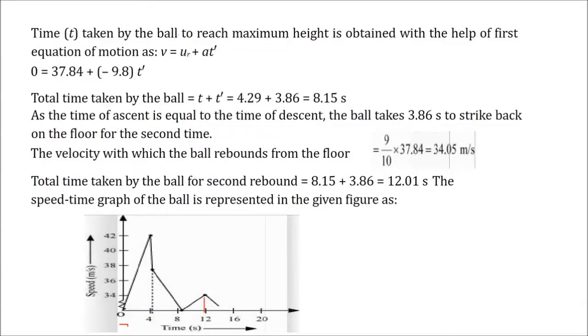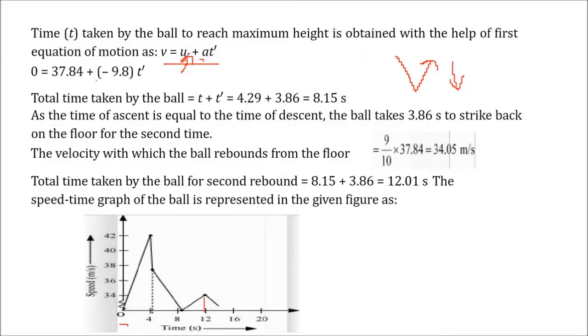Now the time taken by the ball to reach maximum height is obtained by the equation v equal to u plus at. The initial velocity will be the velocity we have just found, that is 9/10 of 42.04. Acceleration is always 9.8, but in this case it first hits and then goes back, so the direction has changed.